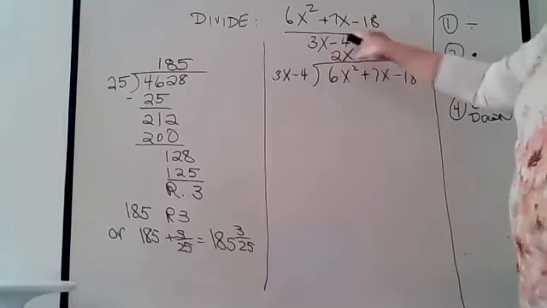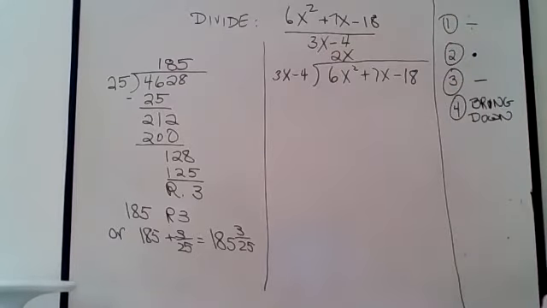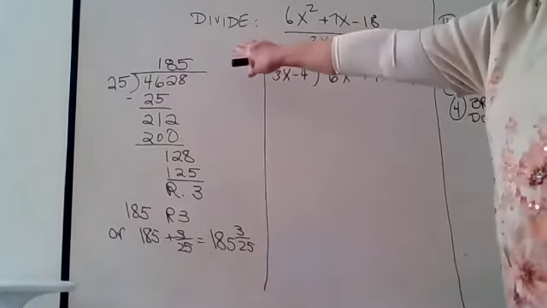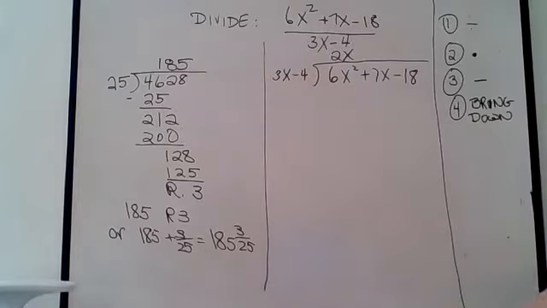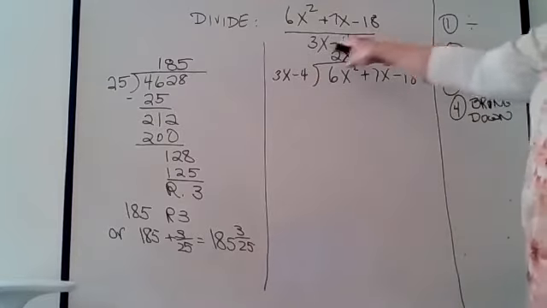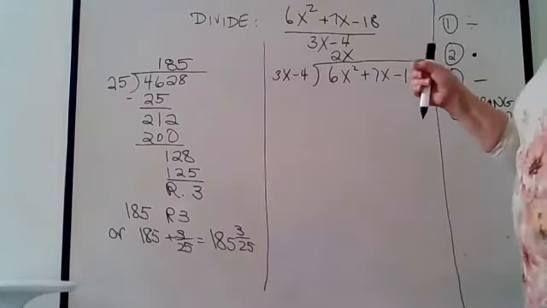It doesn't matter where you put that answer. You could put it over here, you could put it over here. It's not as important as where we put the numbers when we were dealing with numbers. When it comes to the variables, it doesn't matter. Okay, so that was our first step. Now the second step in long division was to multiply, and that's exactly what we're going to do now.